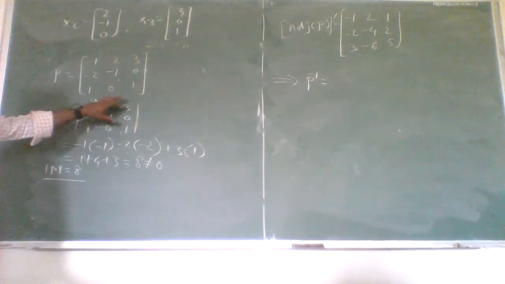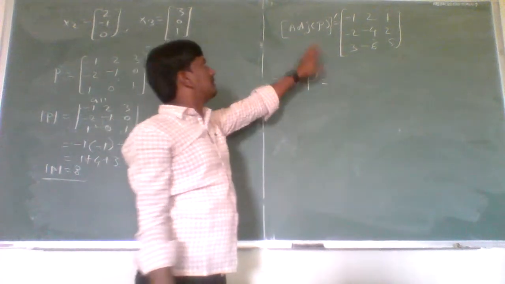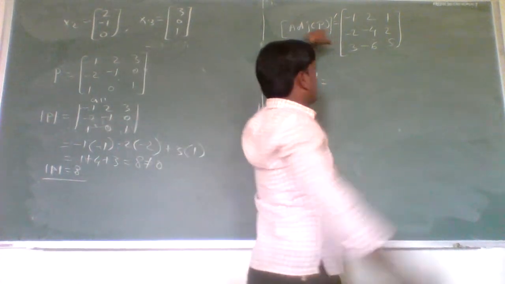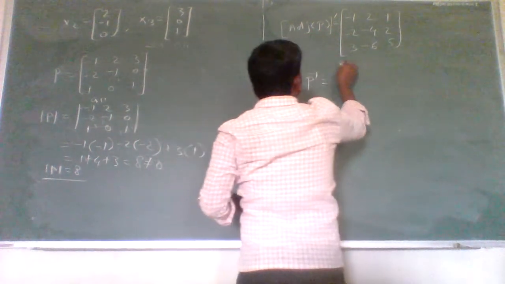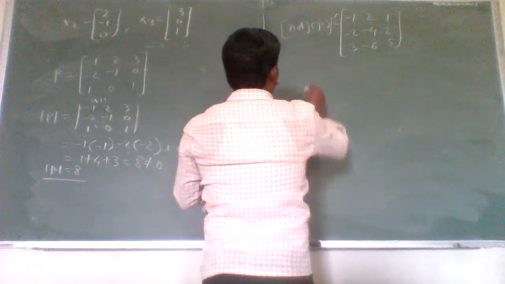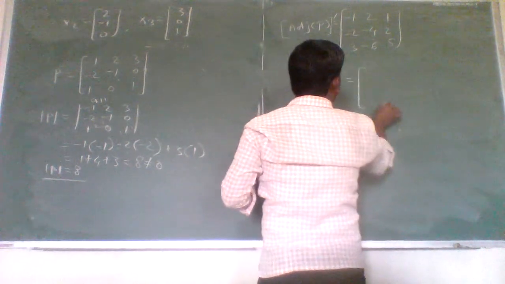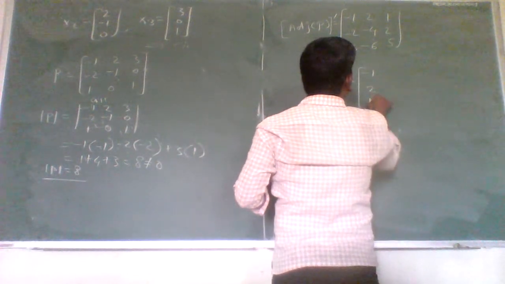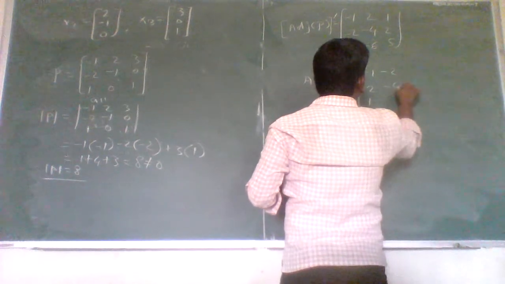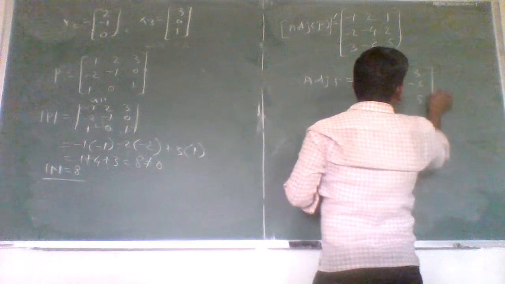So here we have to find the adjoint of P, and for that we take the transpose: minus 1, 2, 1; minus 2, minus 4, 2; 3, minus 6, 1. This is the adjoint of matrix P.